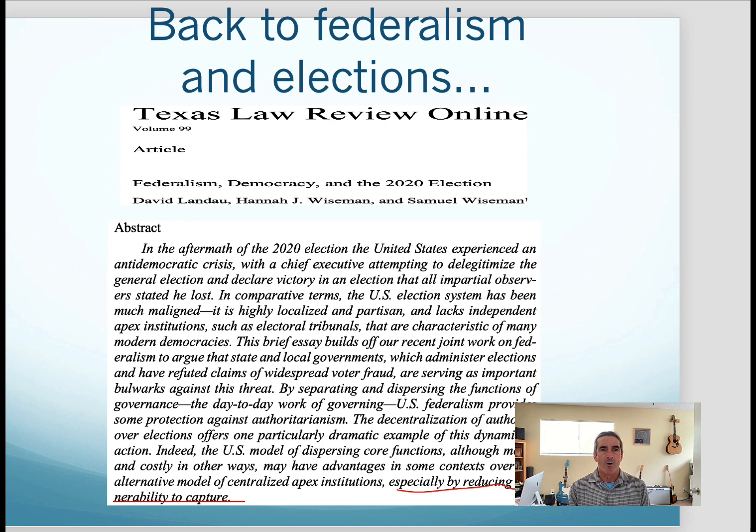There is basically no way that anyone could possibly have taken over the vastly different and multitudinous election administration systems in the United States. They're so widespread and so disjointed, it would have been pretty much impossible to take over the entirety of that and rig an election.